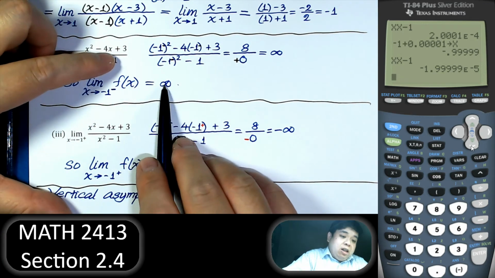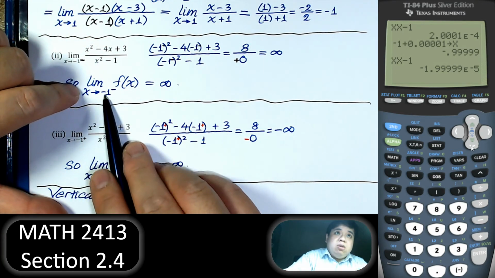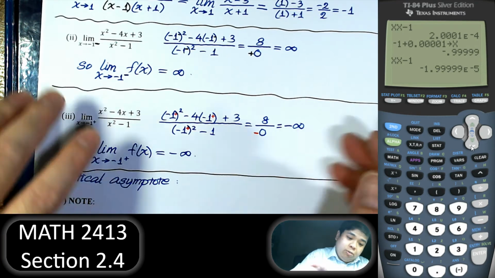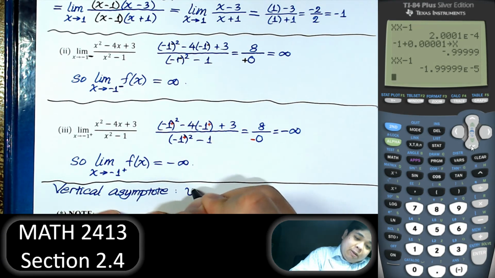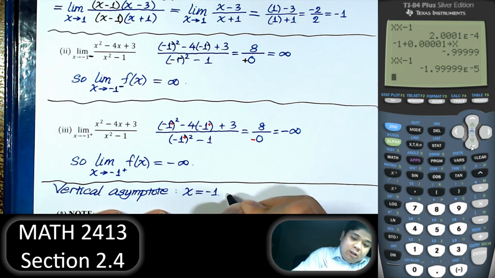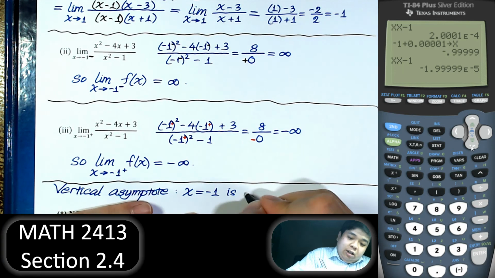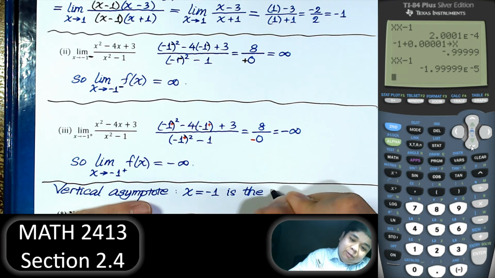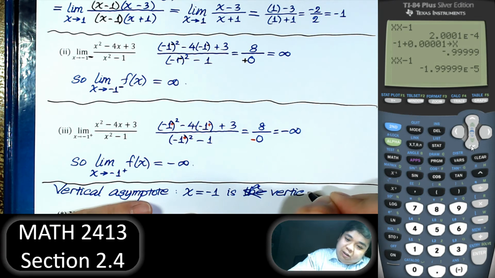If we have an infinite limit, x equal to that number is going to be the vertical asymptote. So in this case x equal to -1 is the vertical asymptote. There's only one.